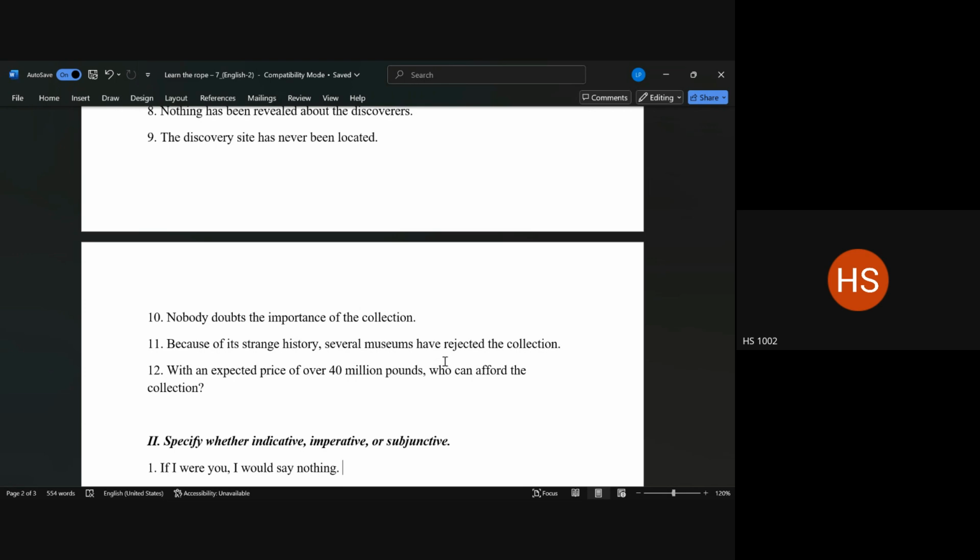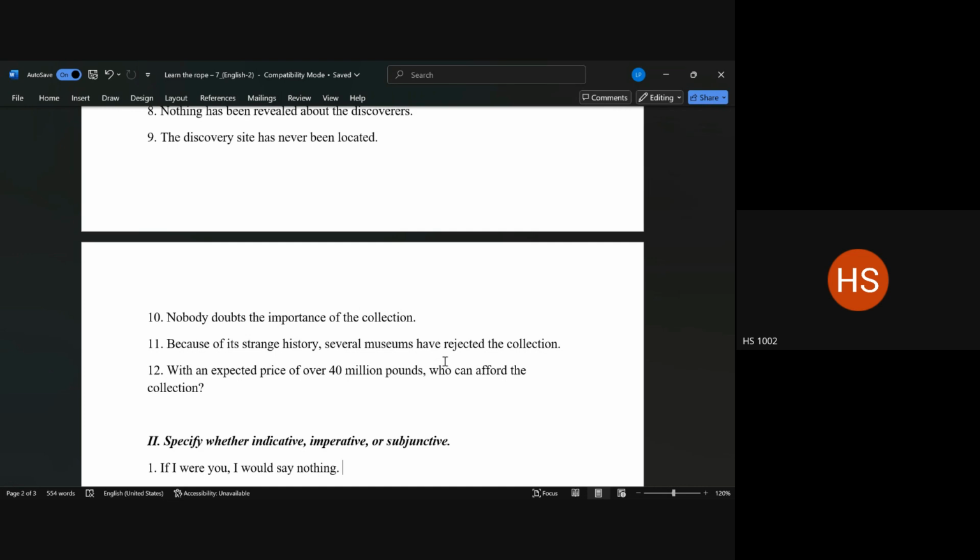With an expected price of over 40 million pounds, the collection can be afforded by whom? The collection can be afforded by no one. Okay.